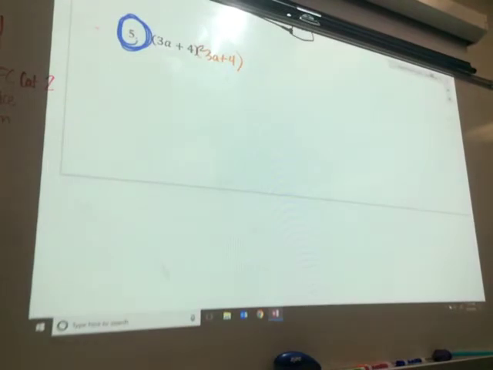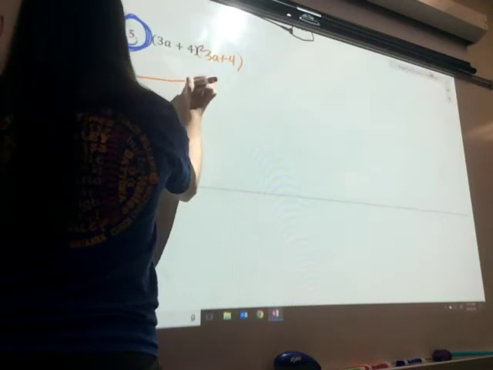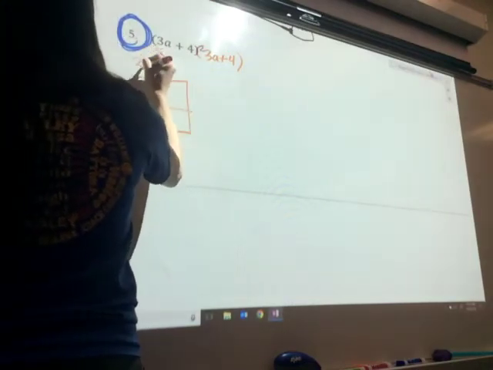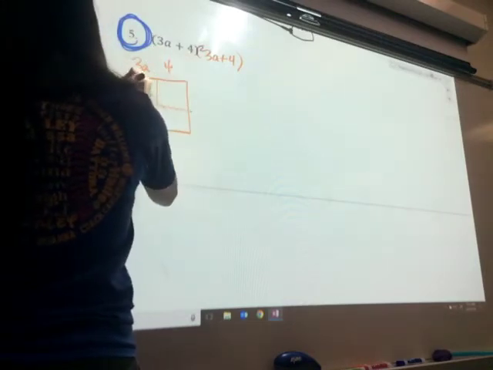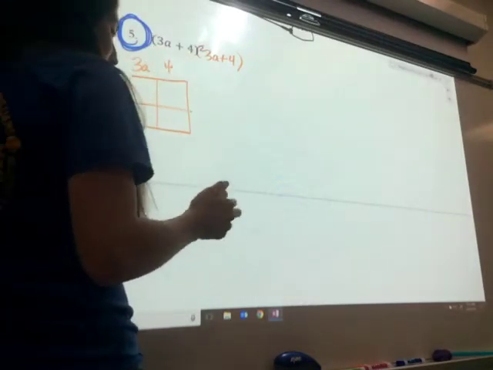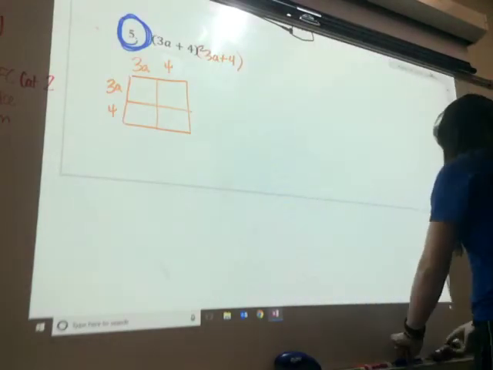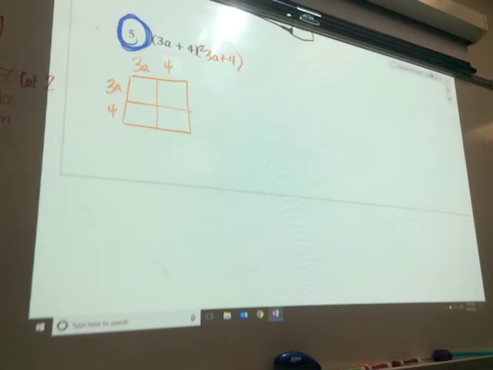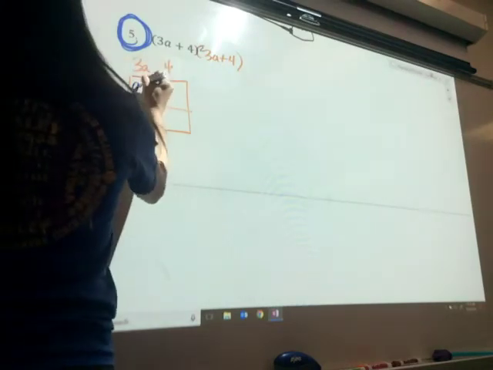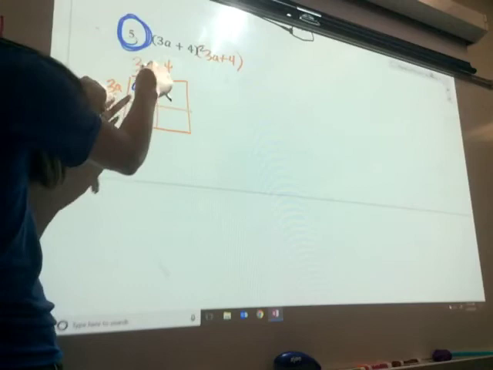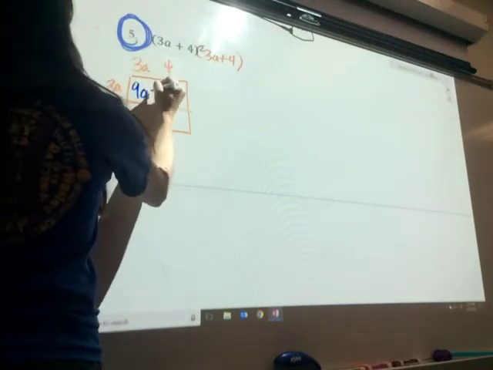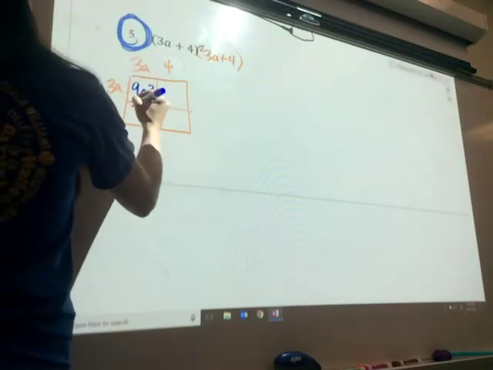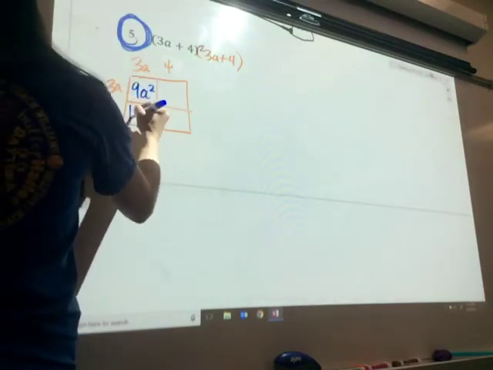And then how do I multiply these? What method do I use? Box method. So I've got 3a and a 4 up here, 3a and a 4 here. Where they meet up, they multiply. 3 times 3 is 9. A times A is a squared. 3 times 4 is 12.